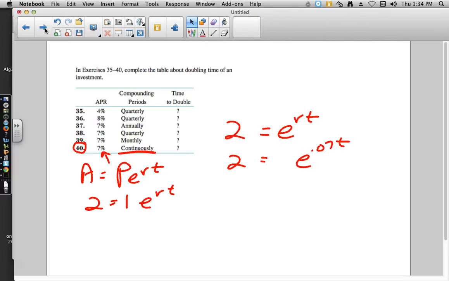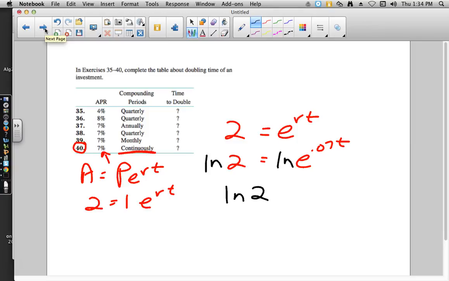And then we just take the natural log of both sides. And we notice, hey, we're always getting the natural log of 2. Of course we are. We're doubling. That's what's happening here. So natural log and e are inverses of each other. And then you just divide both sides by 0.07.